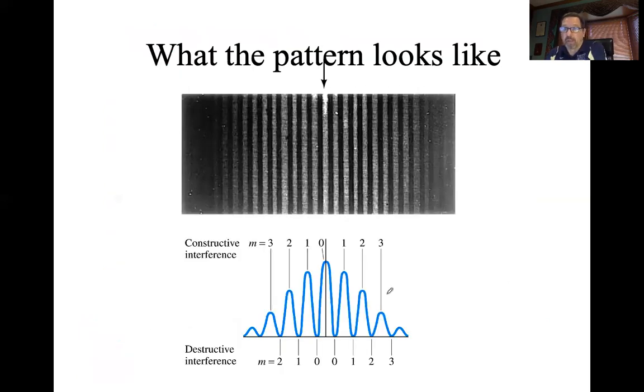Here's what the pattern looks like. For the maximum, m times lambda is equal to d, the separation between the openings, times sine of theta. It's pretty easy to follow what m must be. There's m equals 0. Next one out is the first bright spot, then the second bright spot, then the third bright spot.